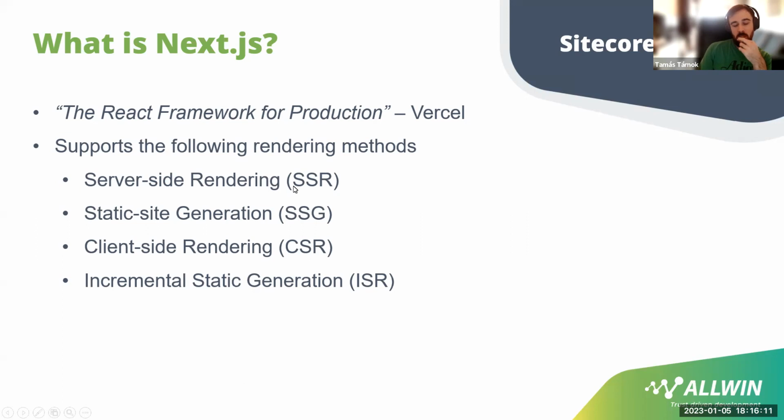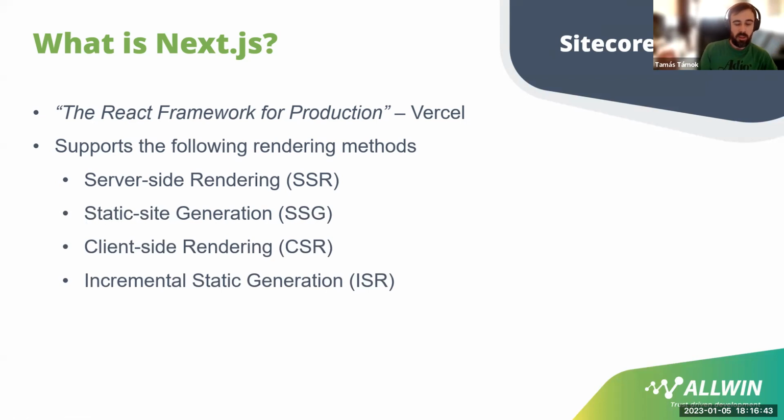They usually reference it as SSR, which means the HTML, which is in the browser, is actually generated on the server side, like in a .NET MVC application. The next one is the static site generation, which has a similar logic. So the static site generation and the incremental static generation are almost the same.